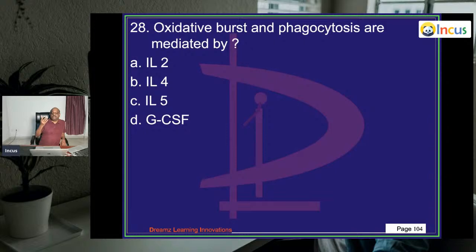Oxidative burst basically is mediated by what? Give me 1 minute time, doctor. 1 minute.